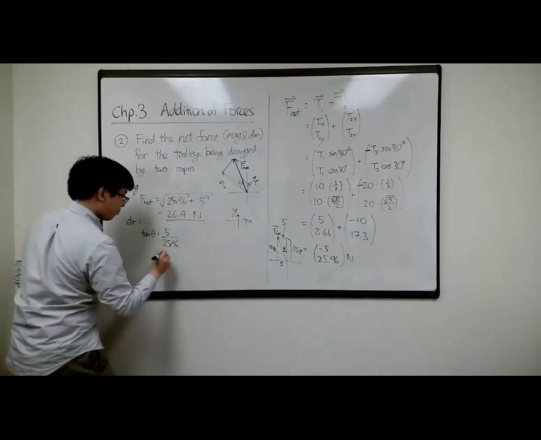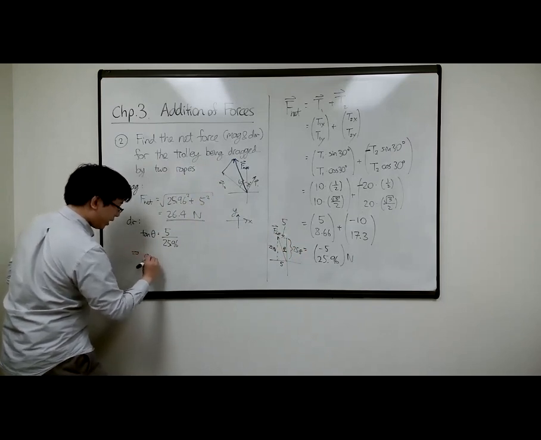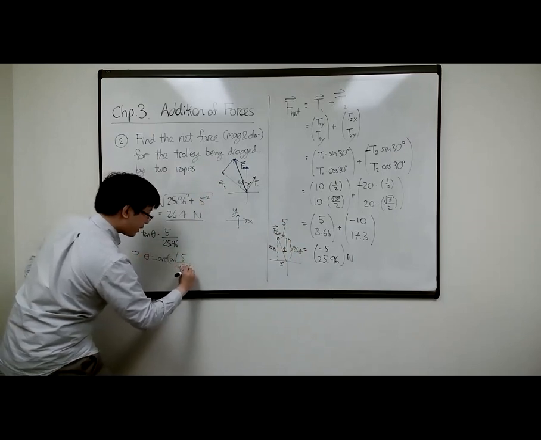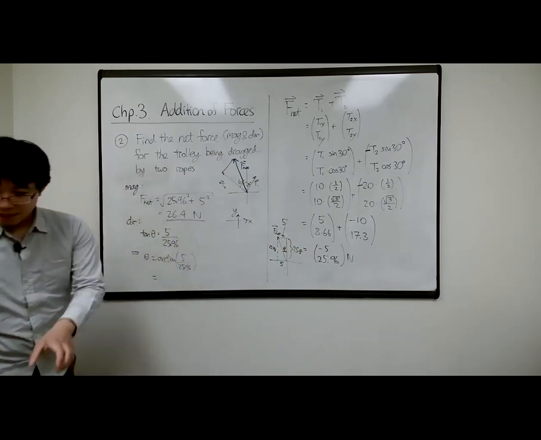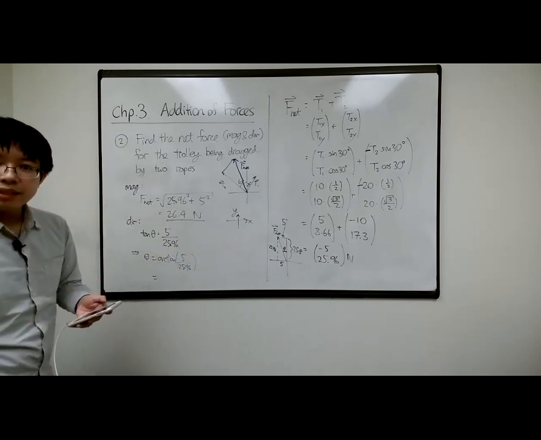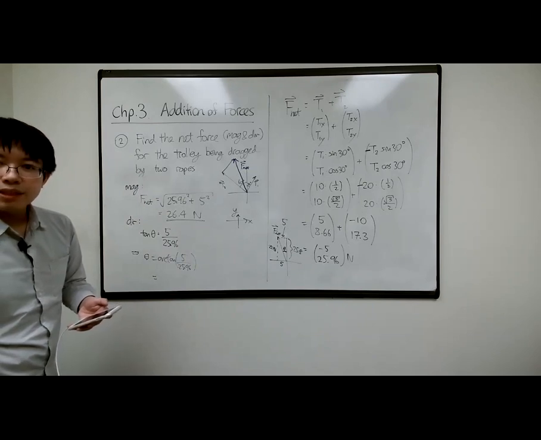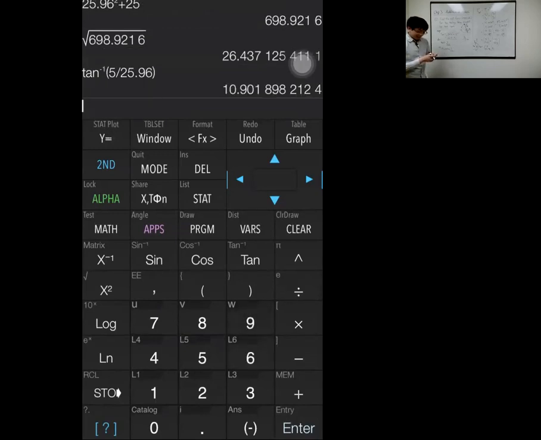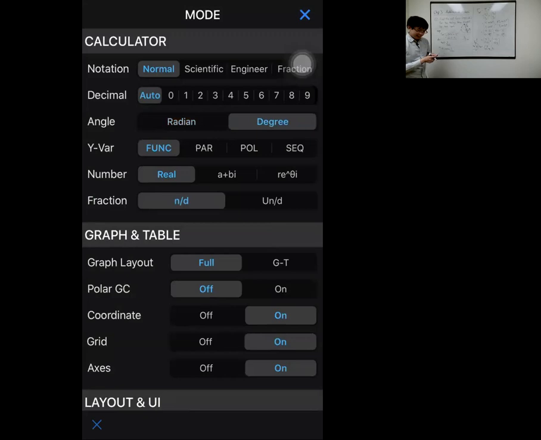25.96. Okay, so that will tell me theta is arctangent of 5 over 25.96, and I will have, let's do this, arctangent, maybe I can share with you as well. So we have arctangent of 5 divided by 25.96, and I get 10.9, so that should be 10.9 degrees, and always good to check you are indeed in degrees, so that's good.